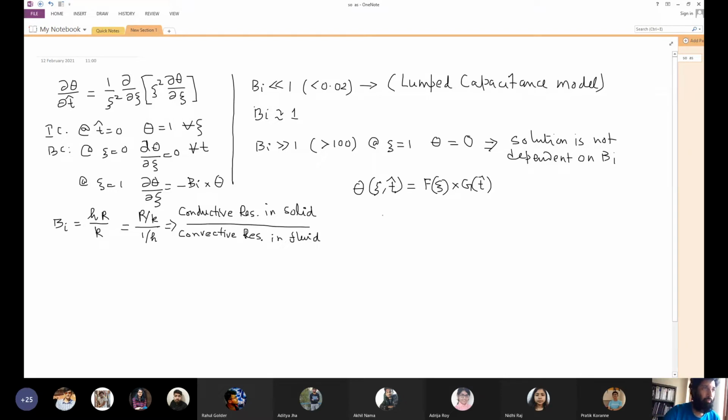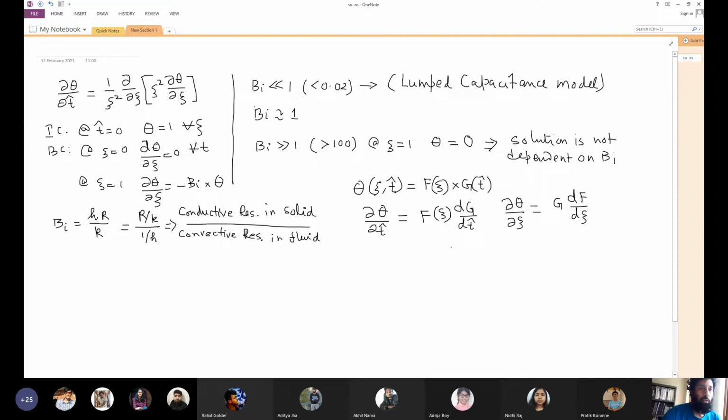Then our life becomes simplified. So partial theta, partial t hat equals f of zeta times dg/dt hat. Similarly, partial theta, partial zeta equals g times df/d zeta.